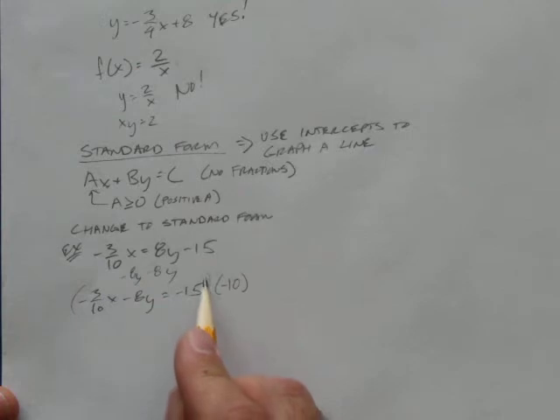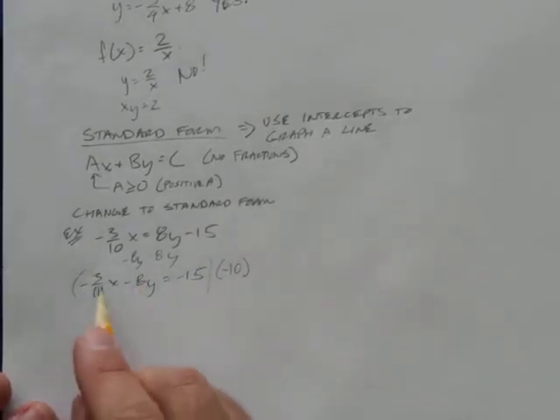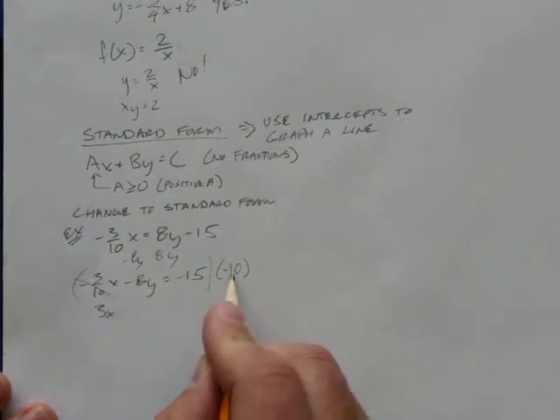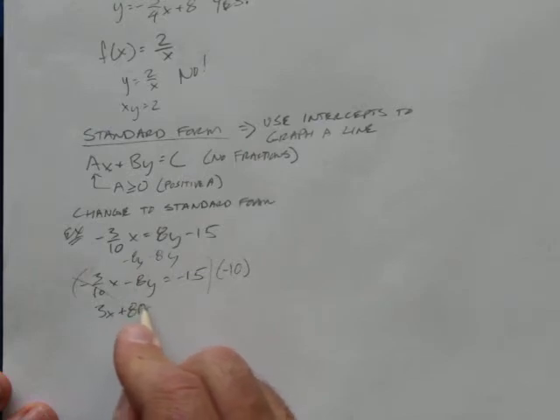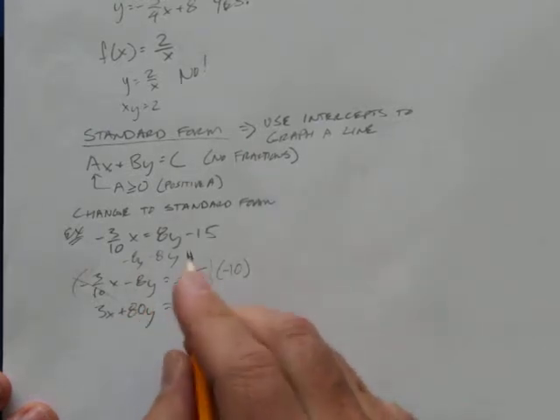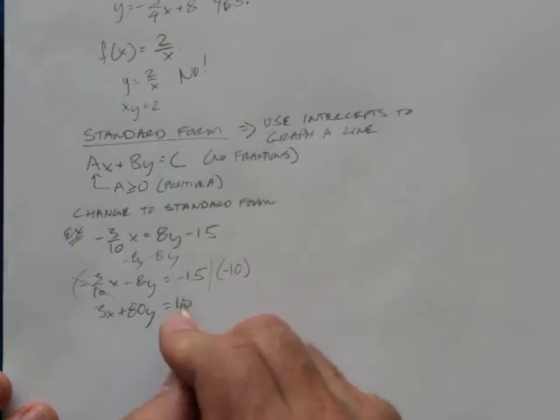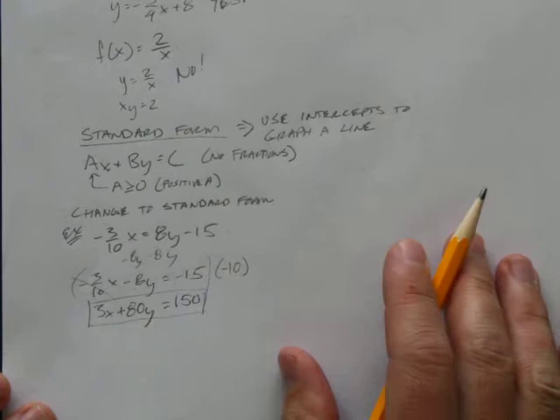What I do to the left, I do also to the right. So I'm going to multiply everything by -10. So -10 goes here. So that means I have 3x. -10 times -8 is going to get me positive 80y equals -10 times -15 is positive 150. Now I have written this in standard form.